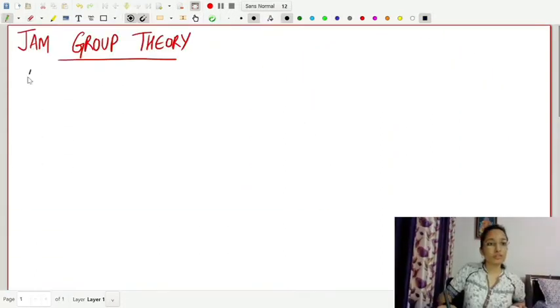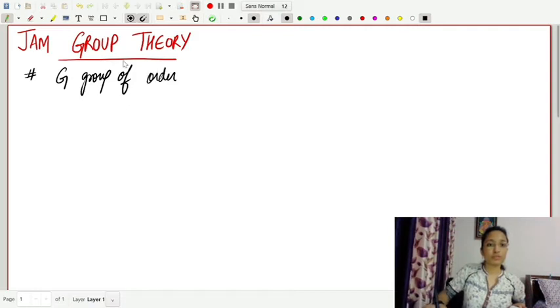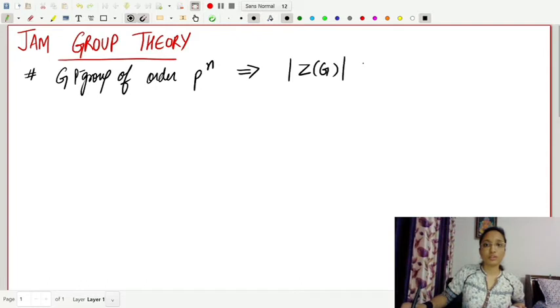Now if G is a p-group of order p raised to power n, then the order of the center of G is greater than 1.